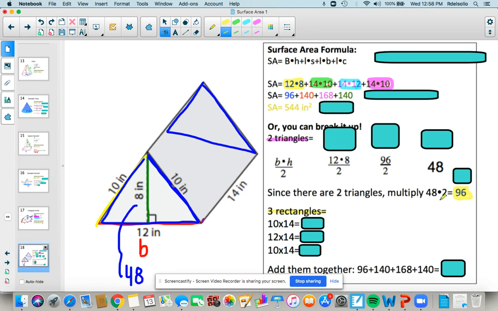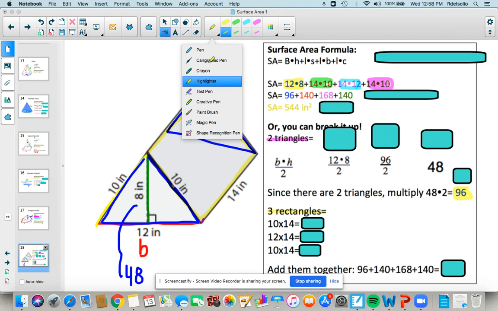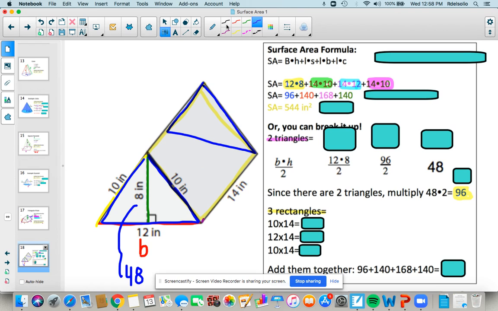Now we know that there are three rectangles. There's one rectangle on the side here, in yellow, and this rectangle is 10 by 14. So 10 times 14 is this rectangle.